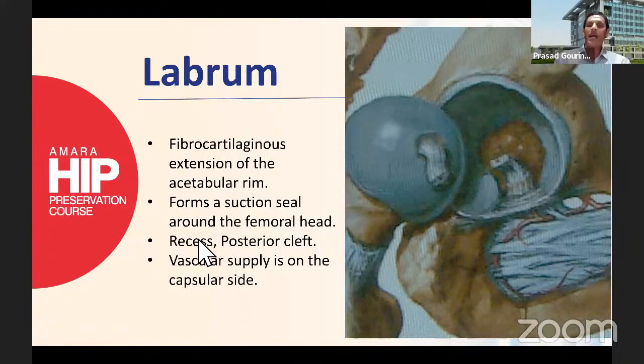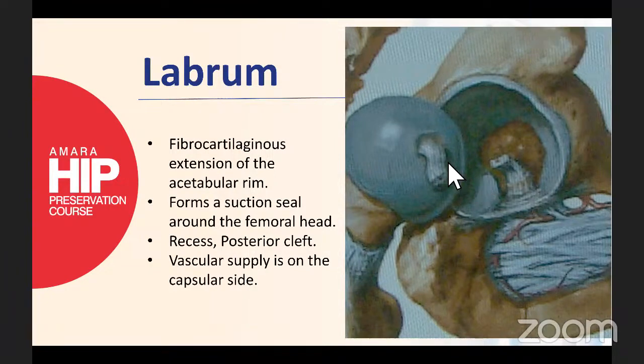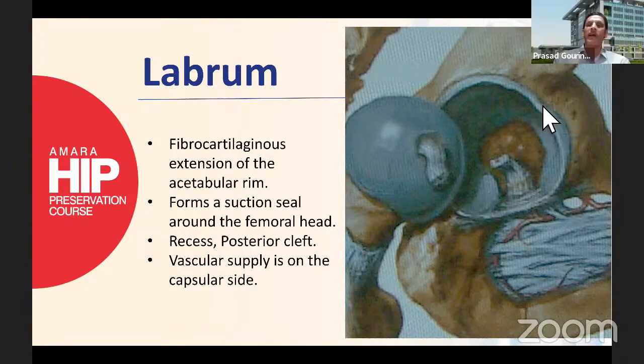Like I said, there's a recess between the capsule and the labrum. Another fact to know is that posteriorly, the labrum and the acetabular cartilage can have a cleft. That's a normal variant. Though some people say there can be a normal cleft in the front also, I believe that a cleft in the anterior aspect is always pathological, usually from impingement.